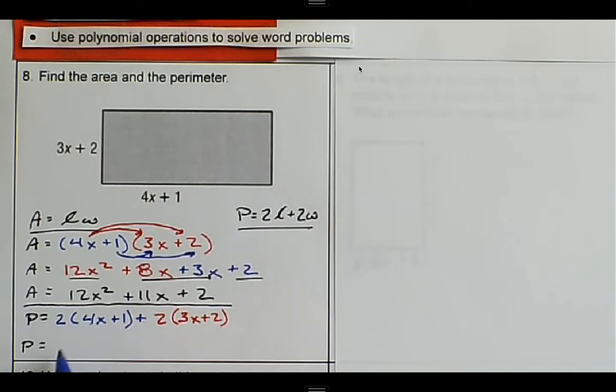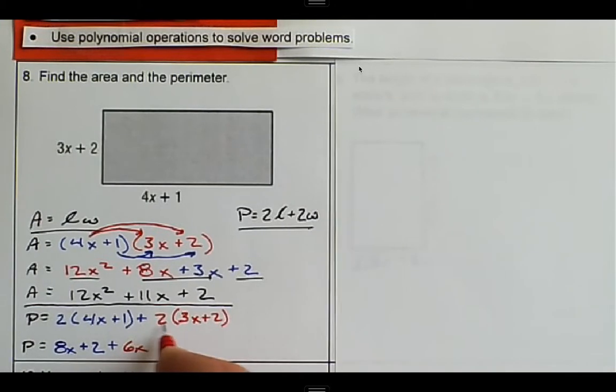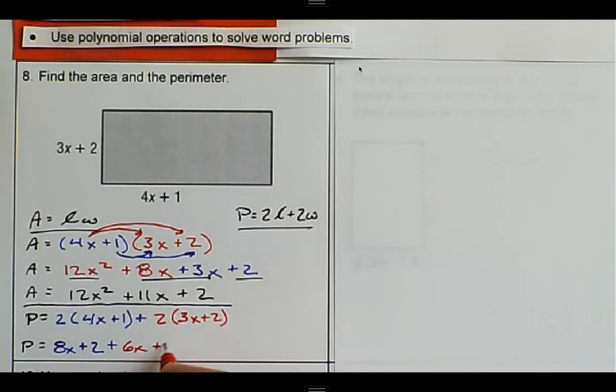So 2 times 4 is 8x, and 2 times 1 is 2. And then we're going to have to add 2 times 3x, which is 6x, and 2 times 2, which is 4. And then we can combine our like terms.